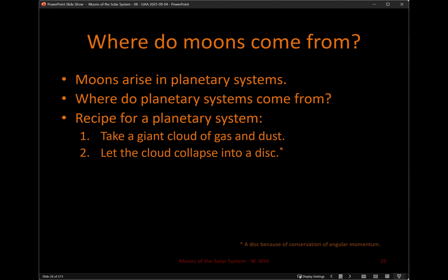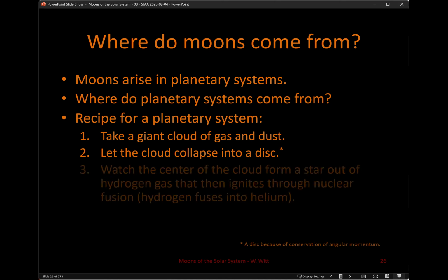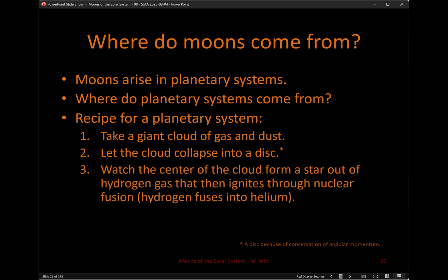The short answer is because of conservation of angular momentum. If that didn't make sense, don't worry about it. But yeah, so our gas cloud is going to collapse into a disk, and then in the center of that gas cloud, gravity will pull hydrogen gas together, and ultimately a star forms there.